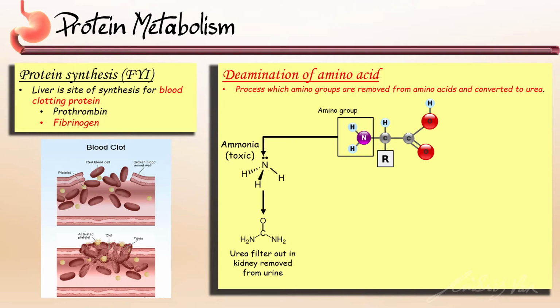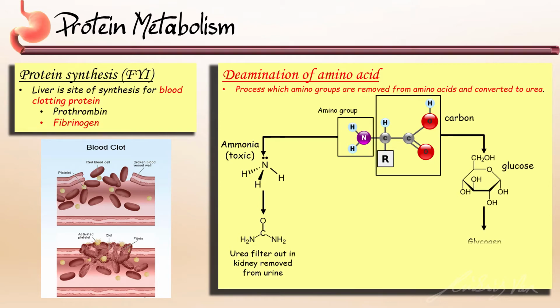Then you might be asking, what happened to the remaining part of the amino acid? The remaining amino acid will get converted into glucose and be stored as glycogen inside our liver or muscle.